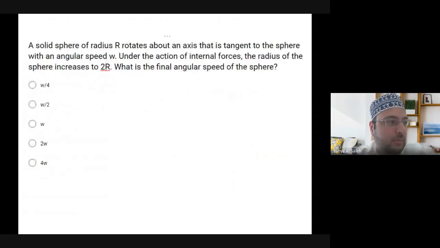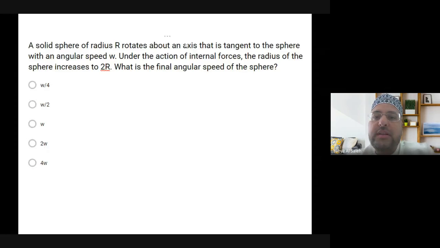I didn't have time to put it into Moodle, so we'll just do it on the chat. A solid sphere of radius r rotates about an axis that is tangent to the sphere with an angular speed omega. Under the action of internal forces, the radius of the sphere increases to 2r.